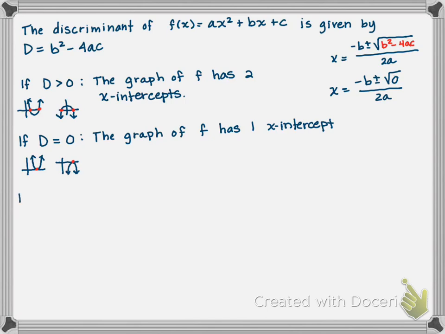And then the last possibility is if my discriminant is negative. So if I had a negative number under this radical, we kind of saw this already once today, right? What does that mean? Yeah, there's no real solutions, which means that the graph is not going to have any x-intercepts. So the graph of f has no x-intercepts.